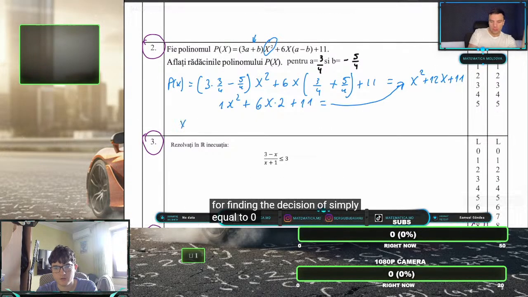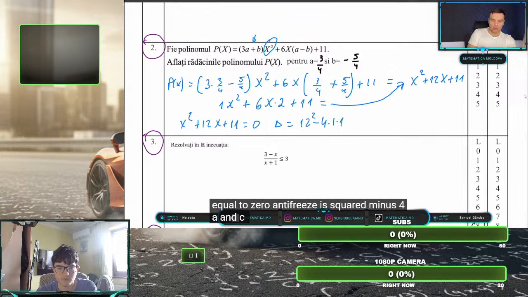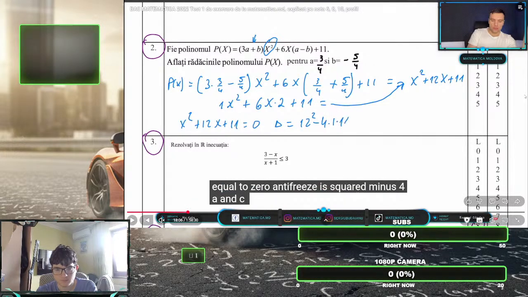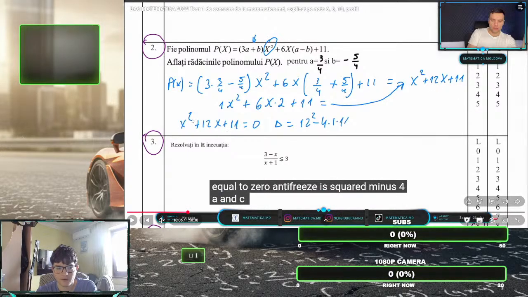And then what you gotta do is equalize this with 0 so you can solve it, right? And pop delta, pop 12 to the power of 2 minus 4, another formula like my 5 fingers, times a, which is 1 because there's nothing in front of x squared, that's just 1. And times the c, which is the third number just before the equal sign, and that's 11.